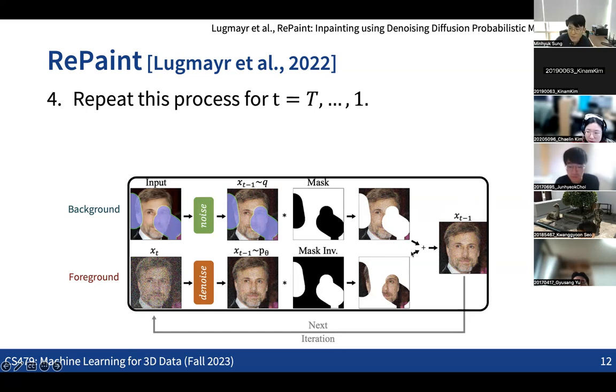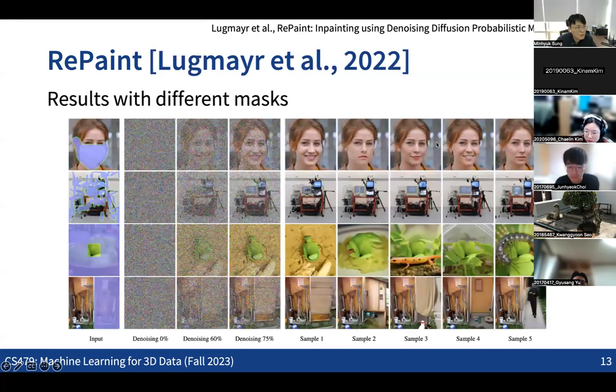So this was a very simple, practical idea of how we can use pre-trained diffusion models for image editing, especially inpainting. These are some of the results. On the left-hand side, you can see the masks, a region that will be filled.